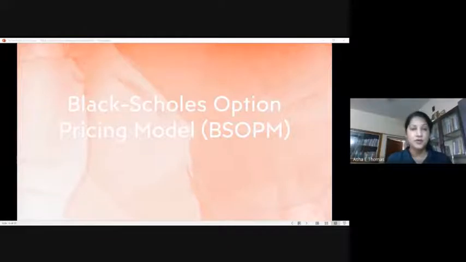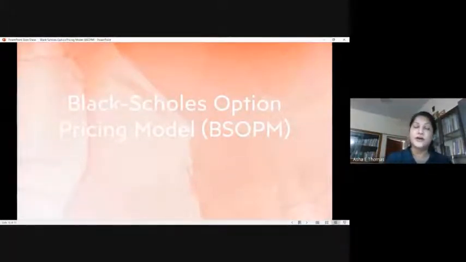Okay, so as we said, the Black-Scholes pricing model is used for computation of option price, right? That is the premium. What is the amount which you have to pay when you are planning to buy a call option or put option?